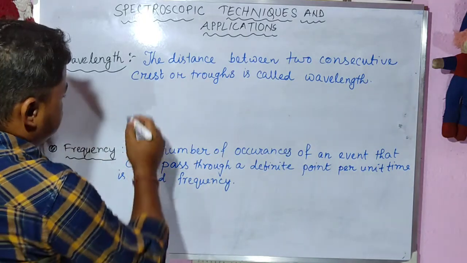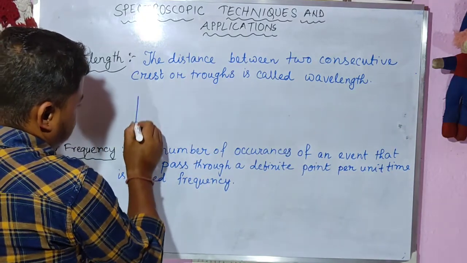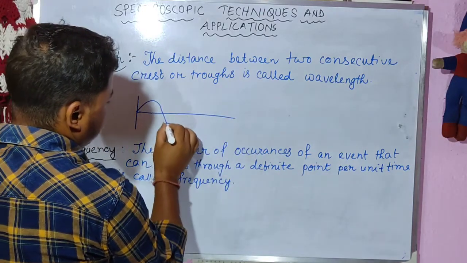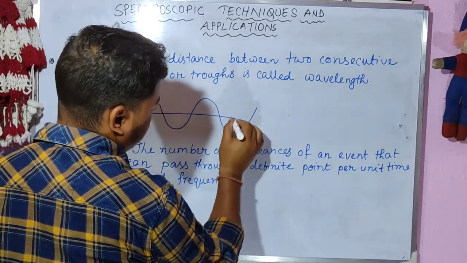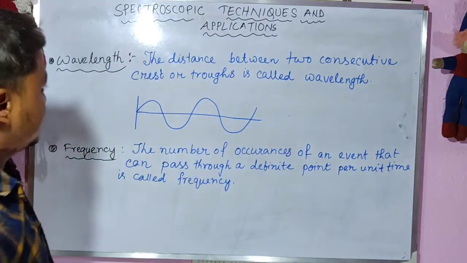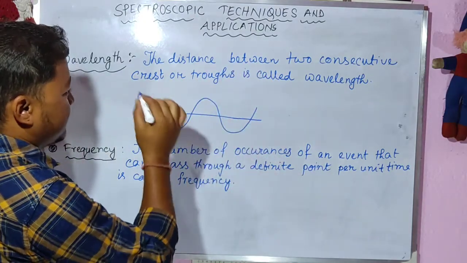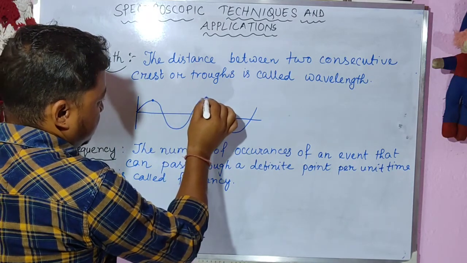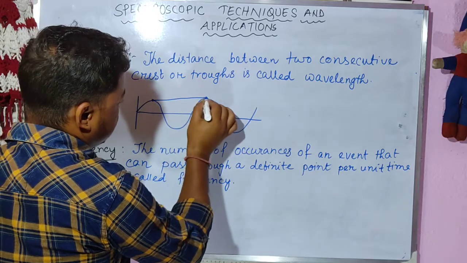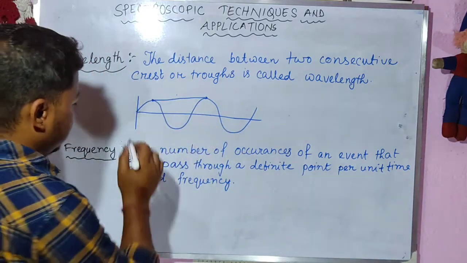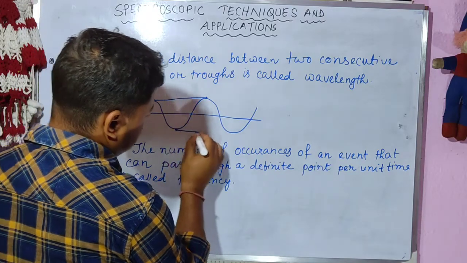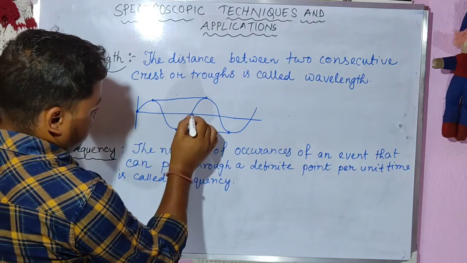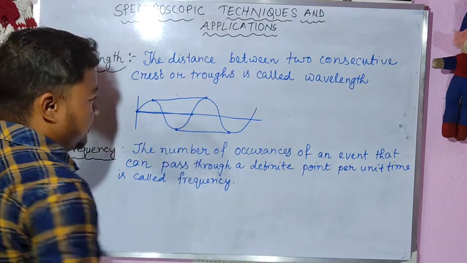If we explain it, if there is a wave like this, the distance between two consecutive crests or troughs, therefore the distance between this is also wavelength, this is also wavelength, and from this point to this point, this is also a wavelength.